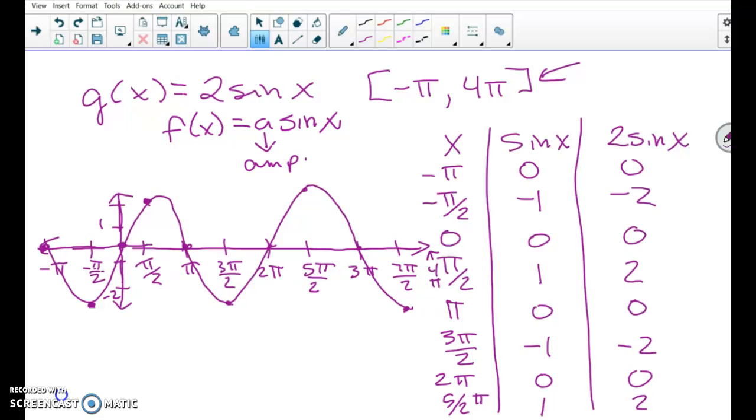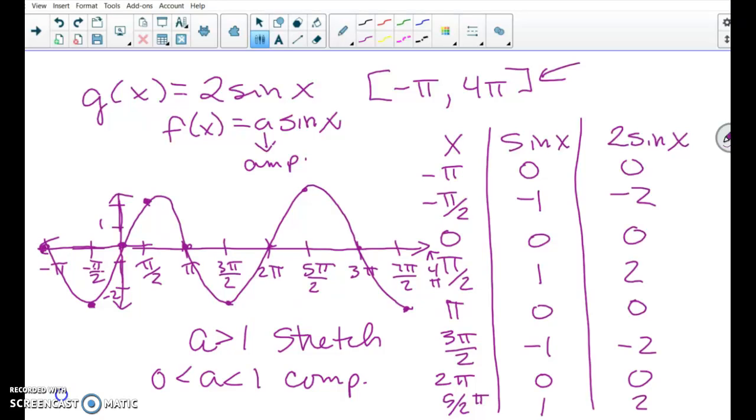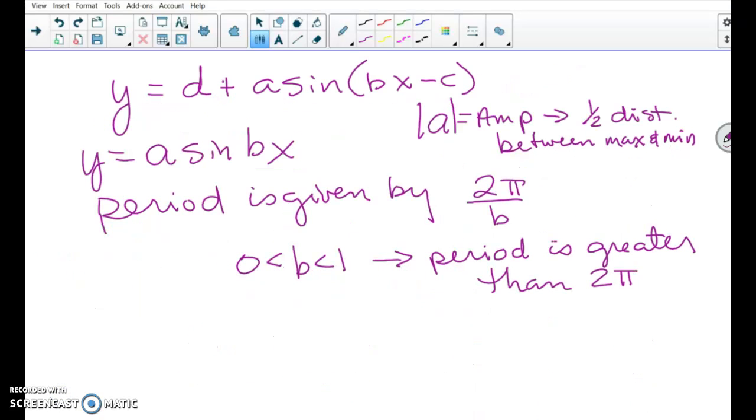When that doubles, the amplitude of the sine curve doubles, and we can understand that when a is greater than 1, we have a stretch of our graph. If a is greater than 0, positive, but less than 1, we should understand we're going to end up with a compression.